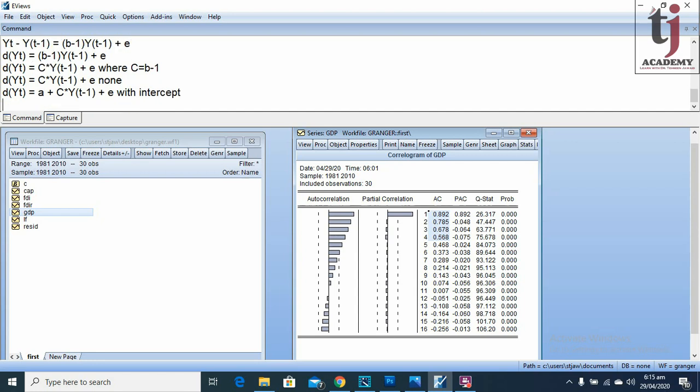And if we write A plus a time trend plus yt minus 1 plus error term, this Dickey and Fuller equation would be trend and intercept.